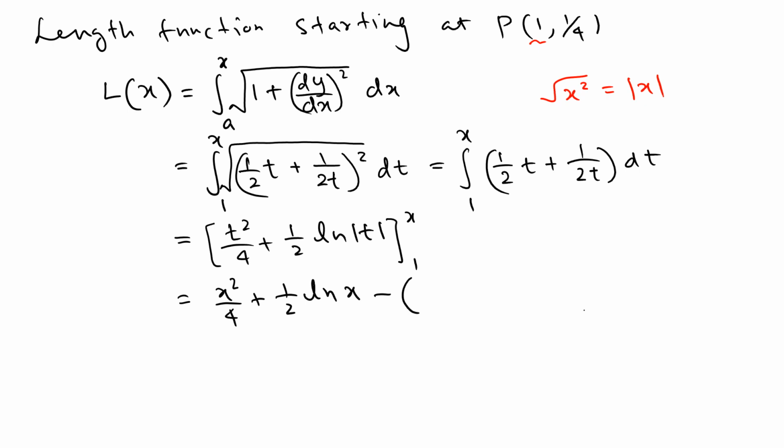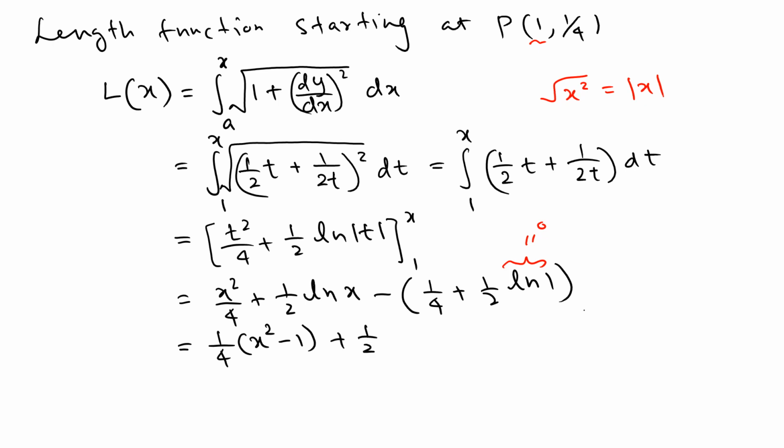Minus, now let's plug in 1. You get 1/4 plus 1/2 ln 1. We know that ln 1 is 0, so this is gone. So you simply get 1/4 x squared minus 1 plus 1/2 ln x.